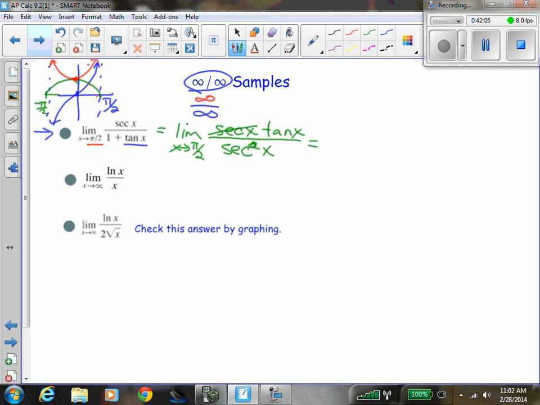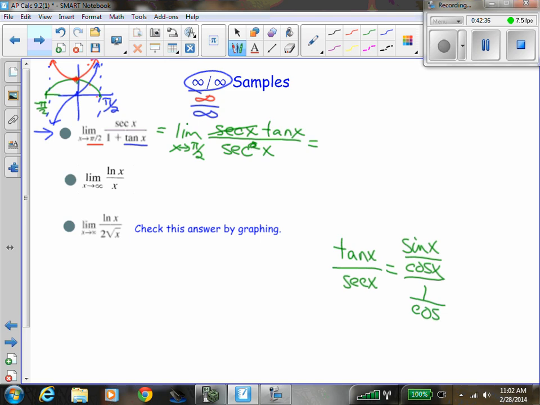Okay, now before we go further, it's hard to look at that, because the tangent's infinitely large, the secant's infinitely large, but let's see what tangent over secant's equal to. All right, tangent is sine over cosine, right? And then secant is 1 over cosine.